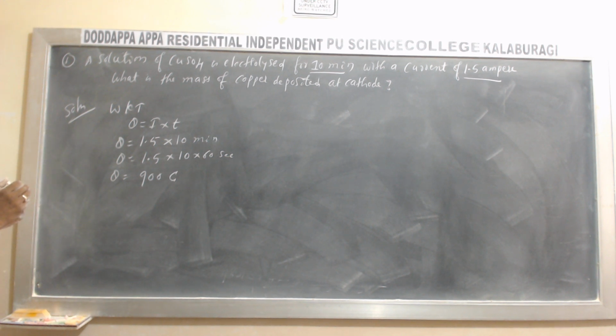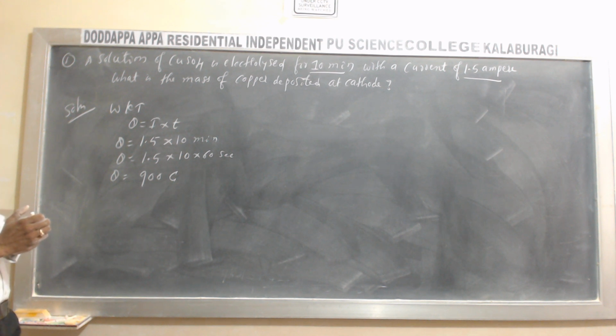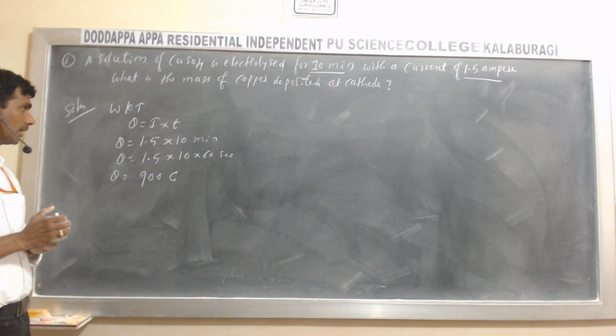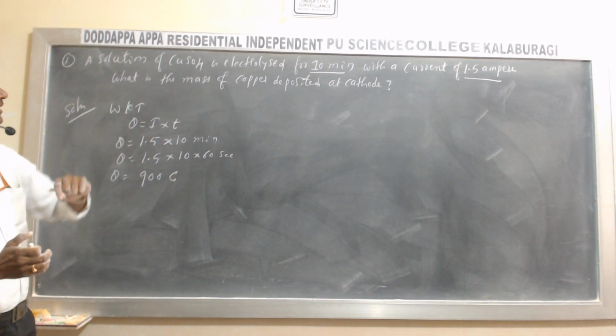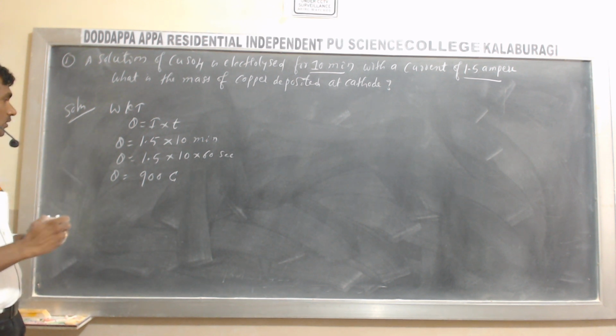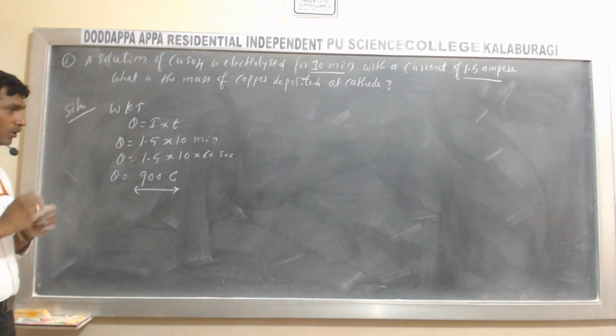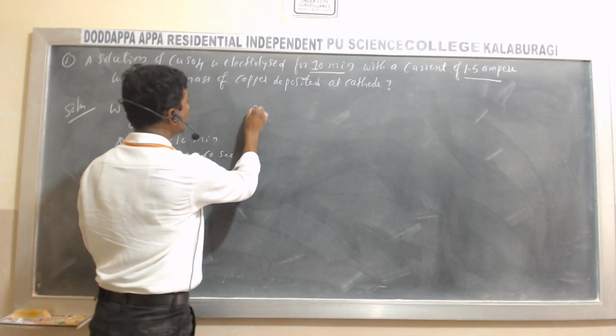So in the electrolytic cell, passing a current of 1.5 ampere for 10 minutes produces 900 coulomb of charge.